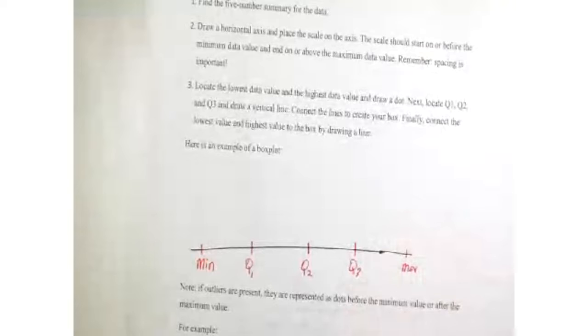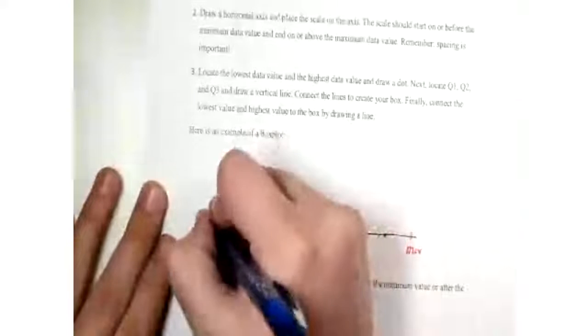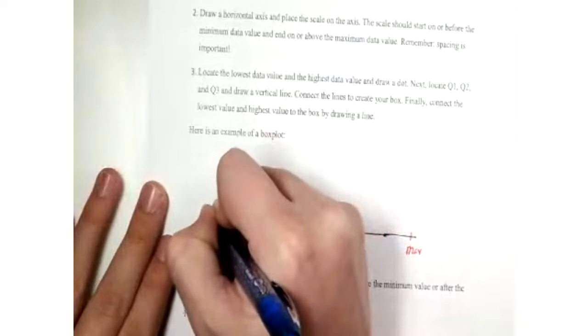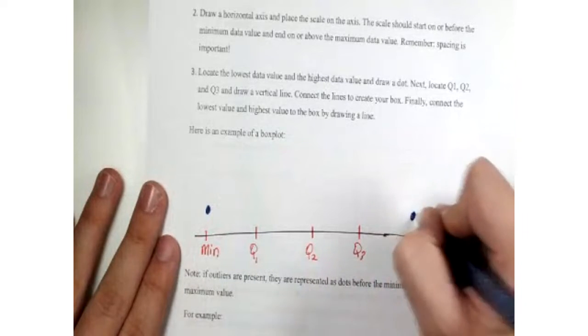And then I have the maximum up here. The first thing I want to do is locate the lowest and the highest data value and draw a dot at the minimum and the maximum. So a dot there, a dot there.